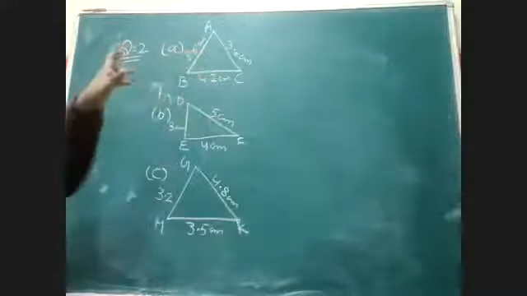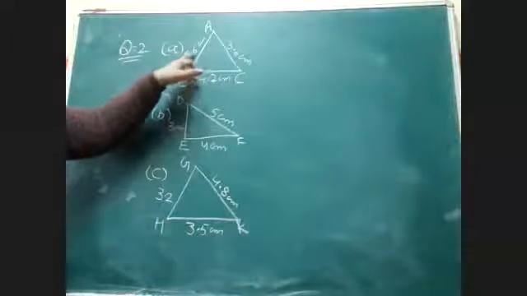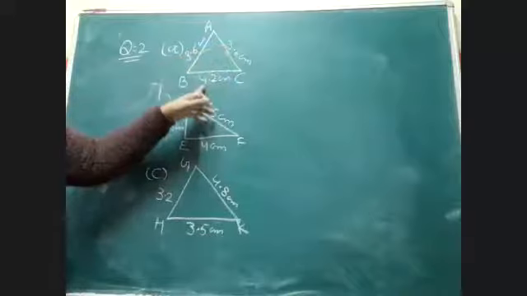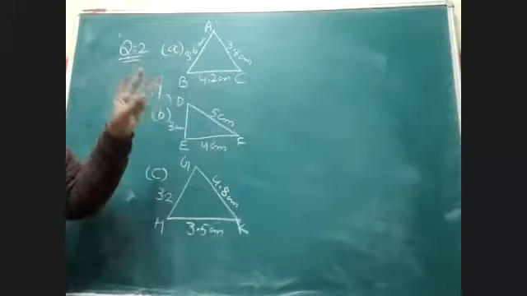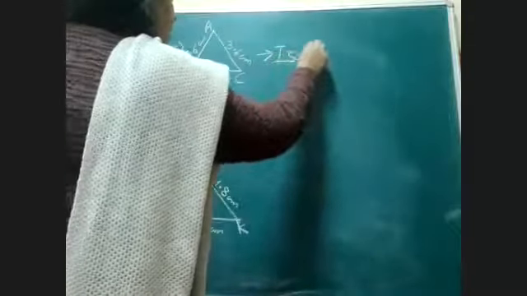In the first triangle, two sides are equal, 3.6, 3.6, and the third side is 4.2. So in this triangle, two sides are equal in length. So this is an isosceles triangle.